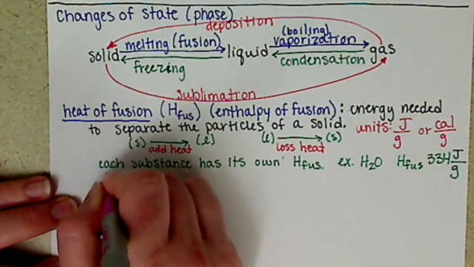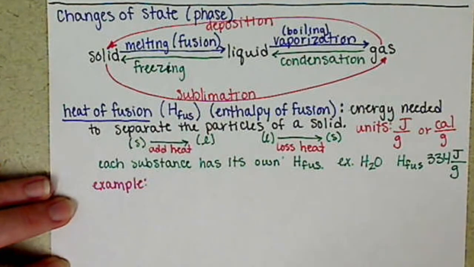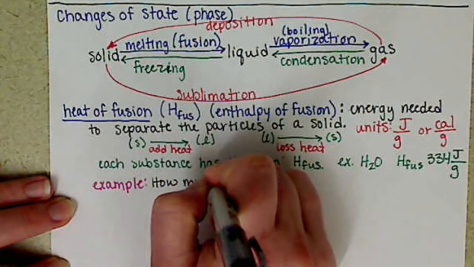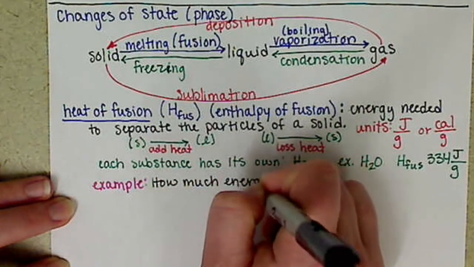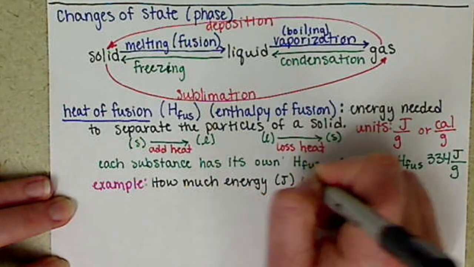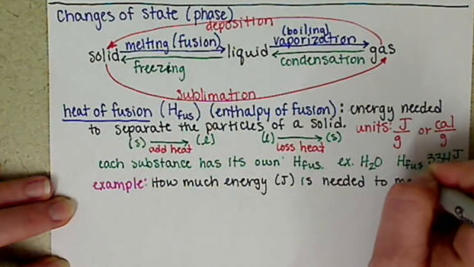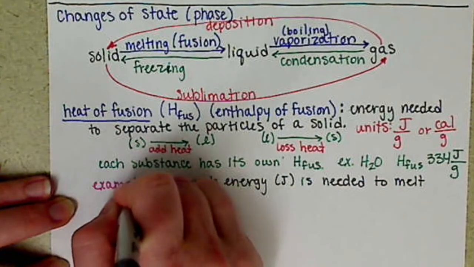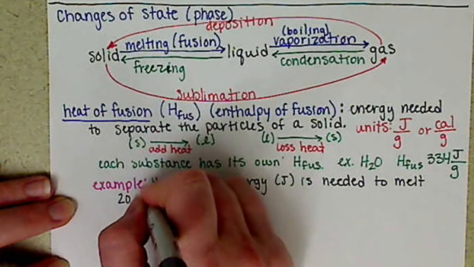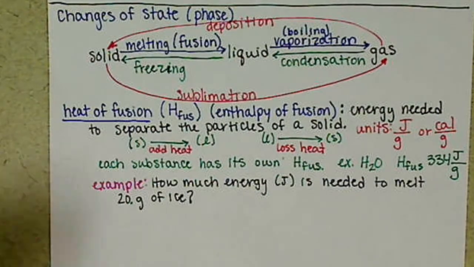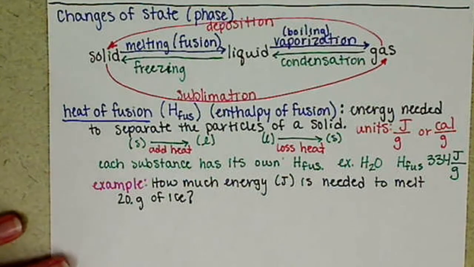So for our example, we want to know how much energy, so how many joules, is needed to melt 20 grams of ice.